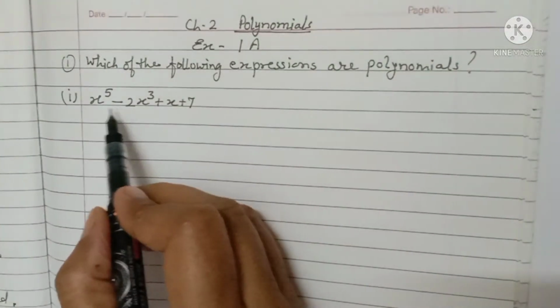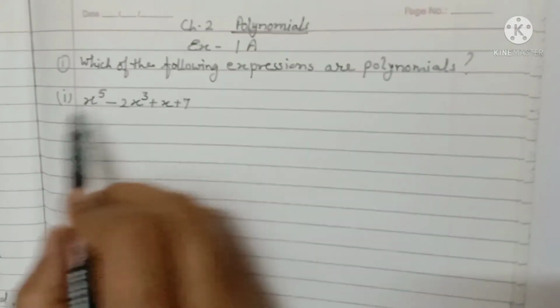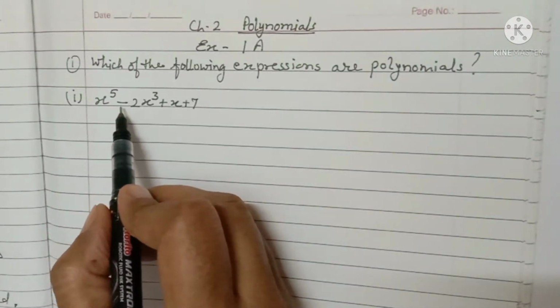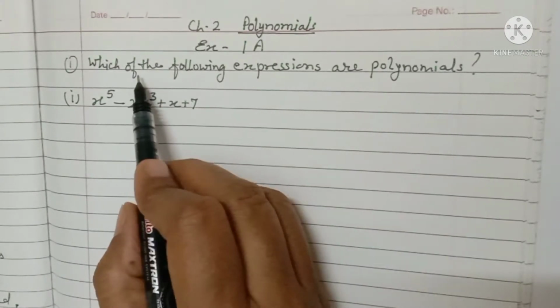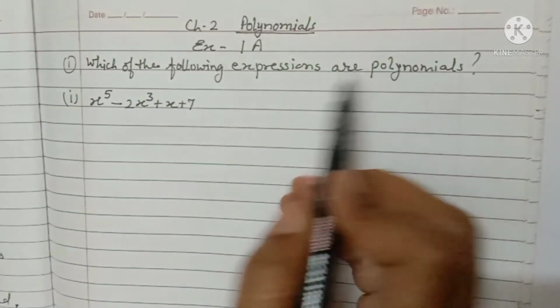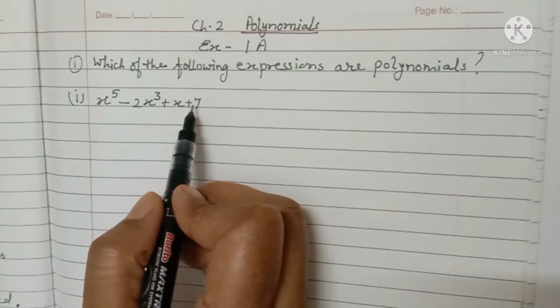This is the first part: x to the power of 5 minus 2x cube plus x plus 7. Is this a polynomial?